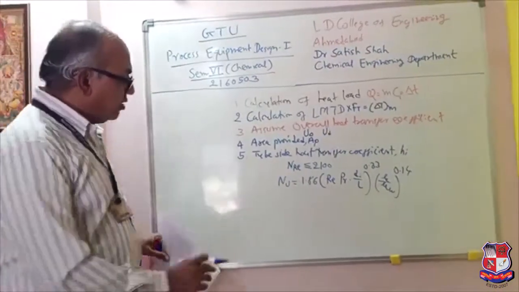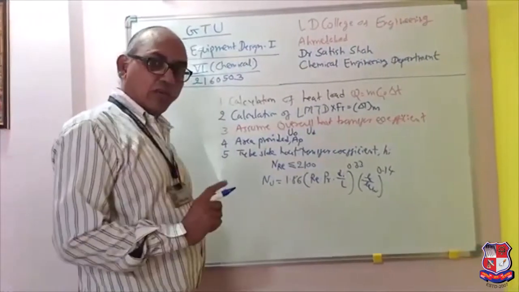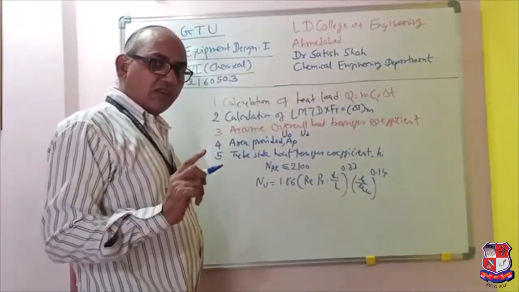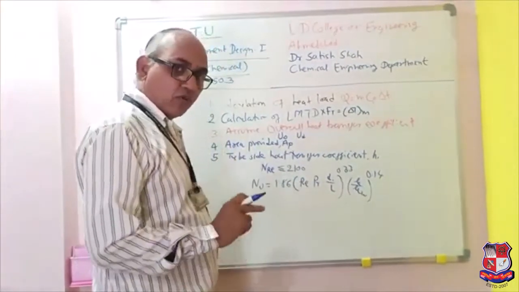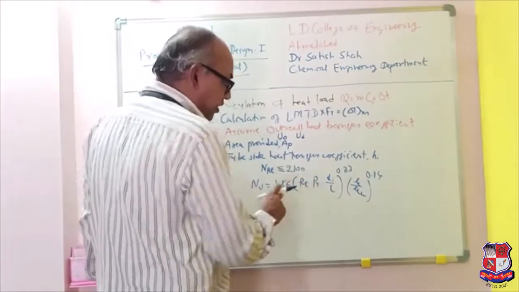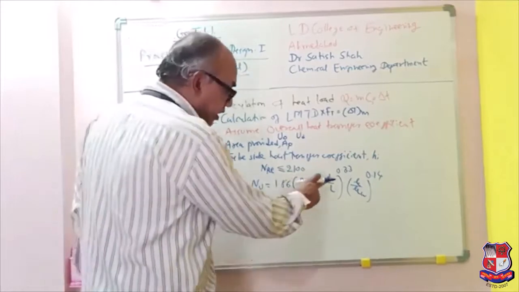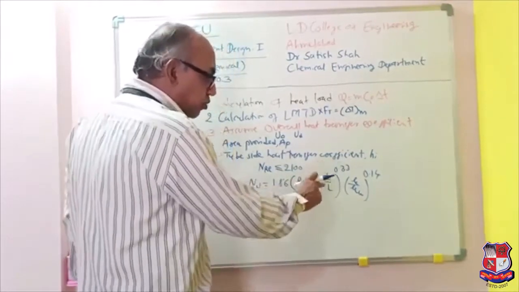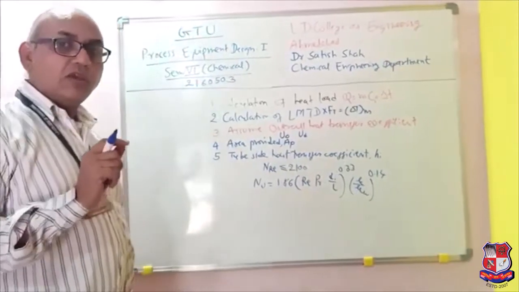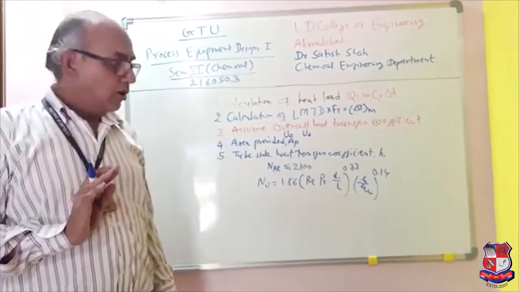So what is here? Nu is Nusselt number, as all of you are aware, it is hd by k. Re is Reynolds number, d u rho by mu. Pr is Prandtl number. Di is tube ID. L is tube length. And mu and mu W are the viscosity in the bulk and viscosity at the wall.